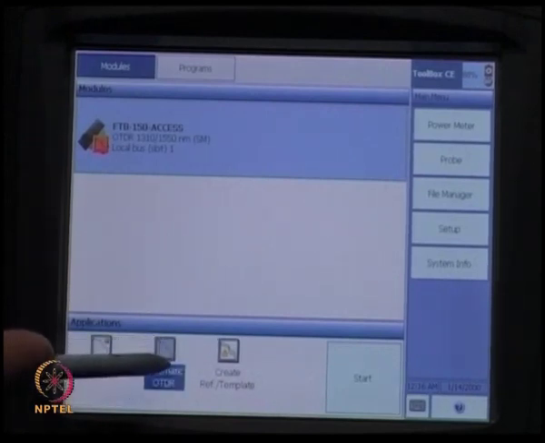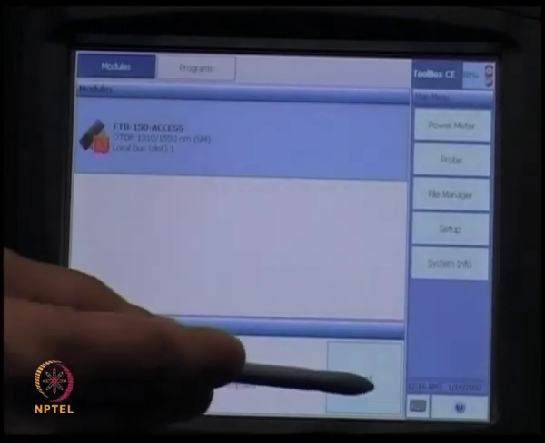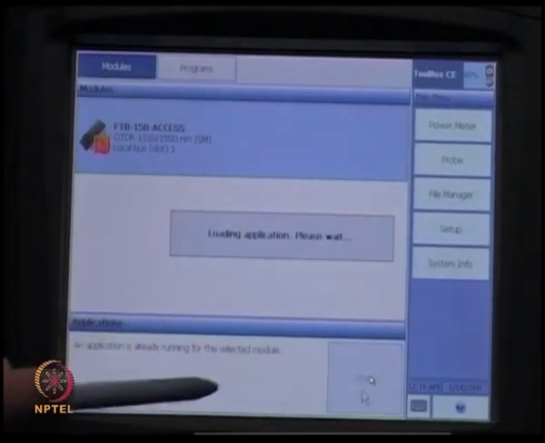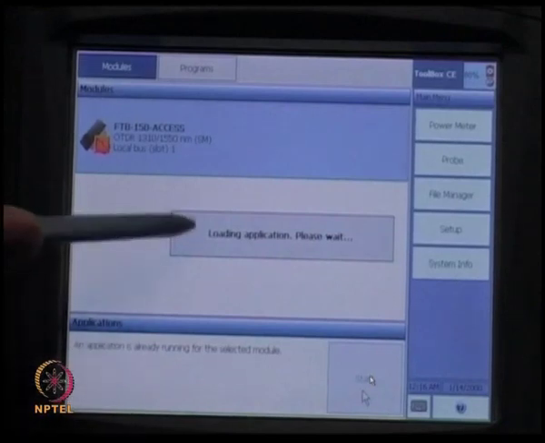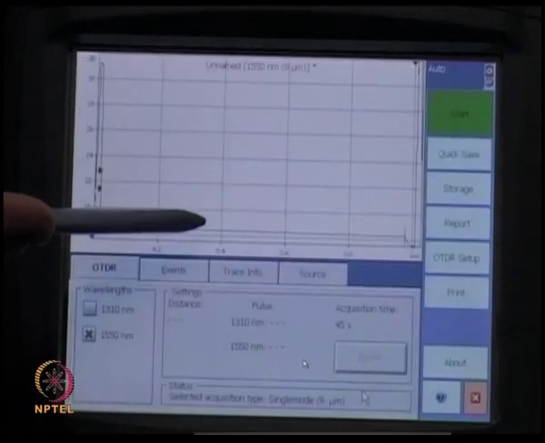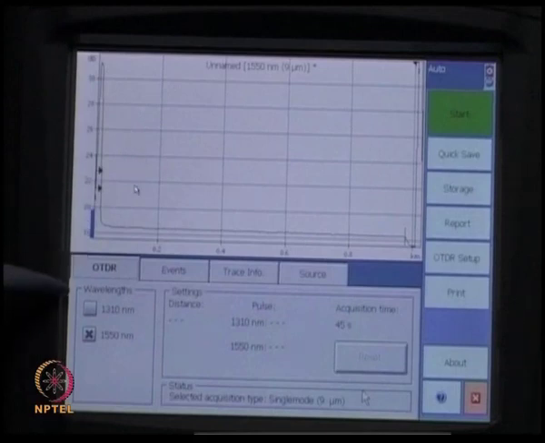So, let us go to the basic OTDR mode. This is the start button, and after the fiber is connected, you can start. That is the typical display which you see on the OTDR screen.